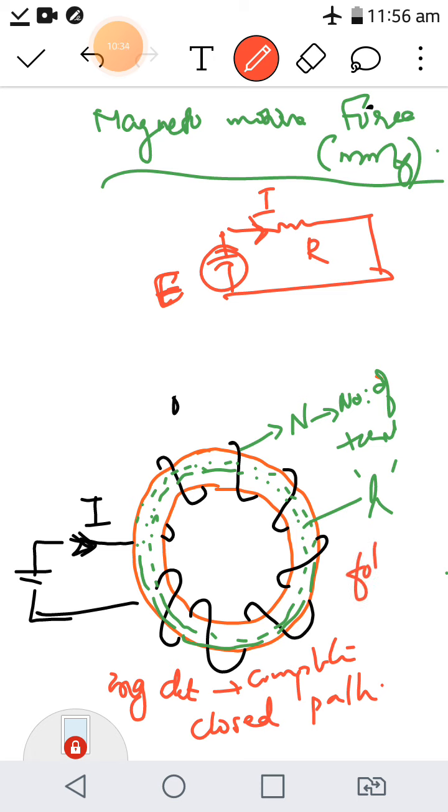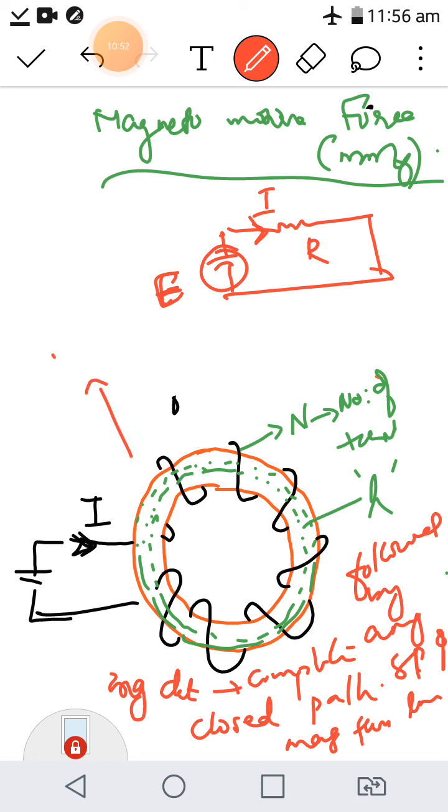Any group of magnetic flux lines is called a magnetic circuit. So this toroid is a magnetic circuit. The complete path followed by the flux lines is called a magnetic circuit.